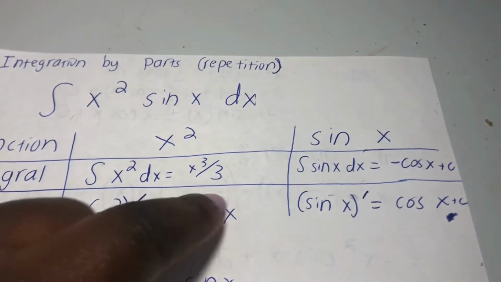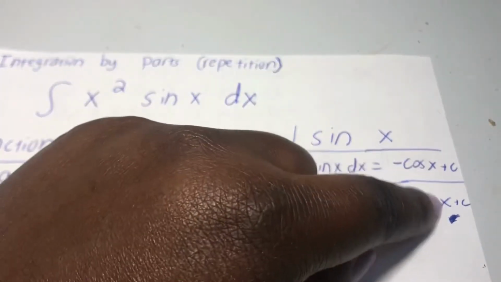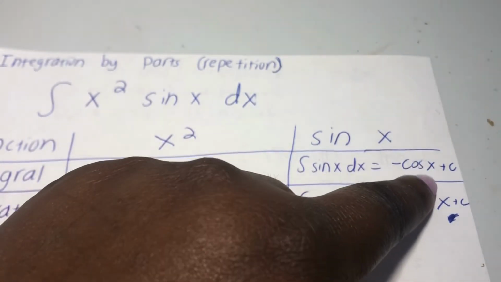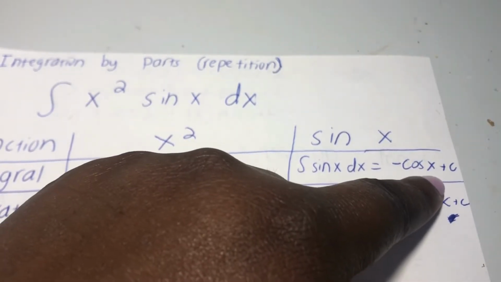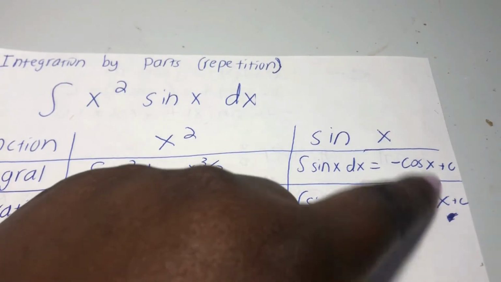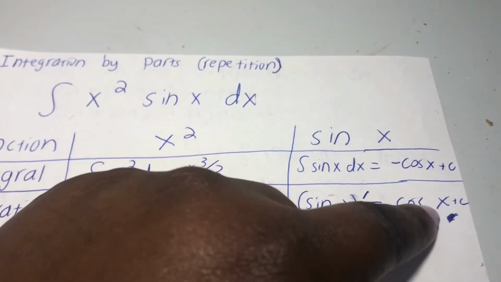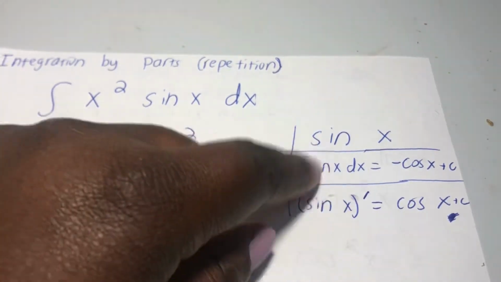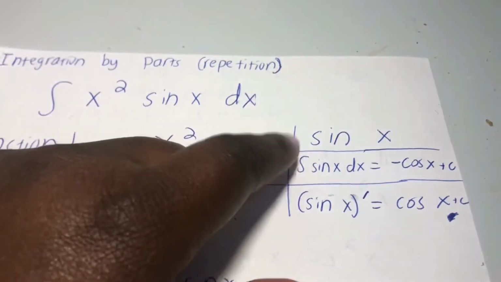For sine x, both of the x's are to the degree of 1, because it's not negative cosine x squared or negative cosine x cubed, it's just negative cosine x. Same thing with this. So for these x's right here, the degree is both 1, so it's equally difficult to take the integral and the derivative.